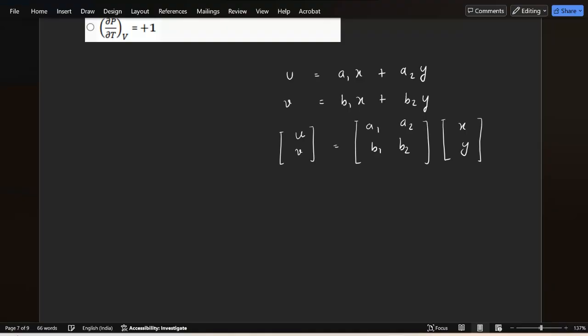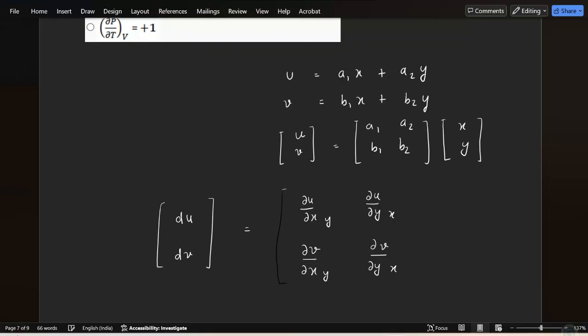So you see du dv, then we write du by dx at constant y, du by dy at constant x, dv by dx at constant y, dv by dy at constant x. Here it becomes dx and dy.